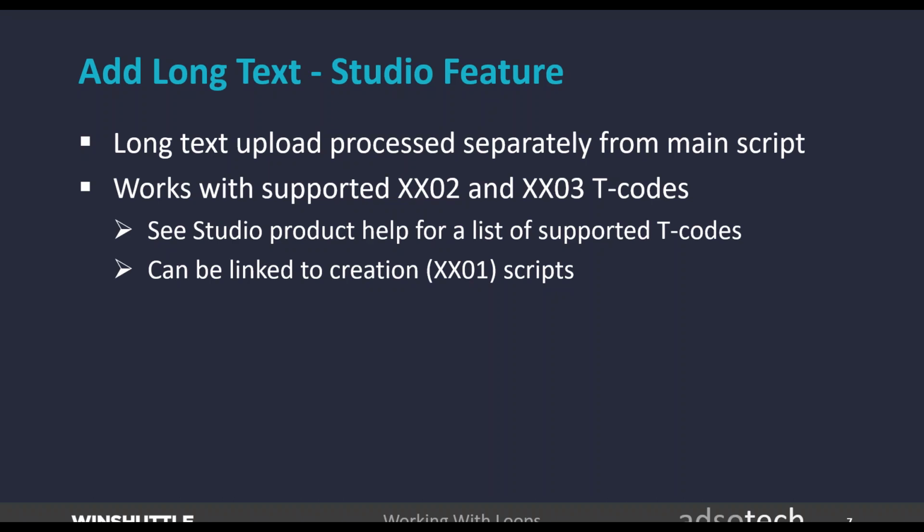Then we can later add long text objects to that script. When we execute the script, Winshuttle will first execute the normal MM02 script and do whatever that script is doing. After that execution is completed, Winshuttle will process the add long text command separately from the main script.